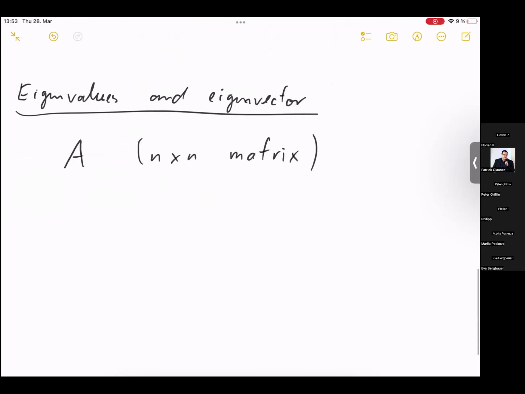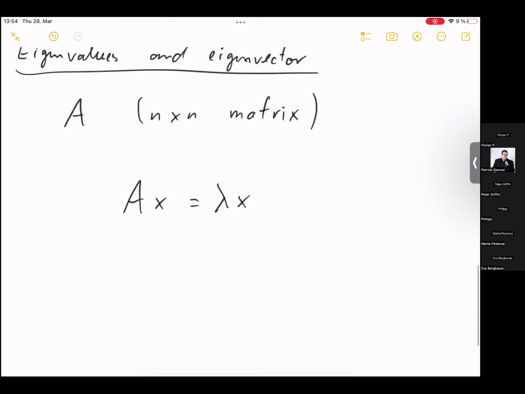And what we can say is we take A times a vector x, where x is a non-zero vector, so that's important. And we have an equation with lambda, that is the same as lambda times x.